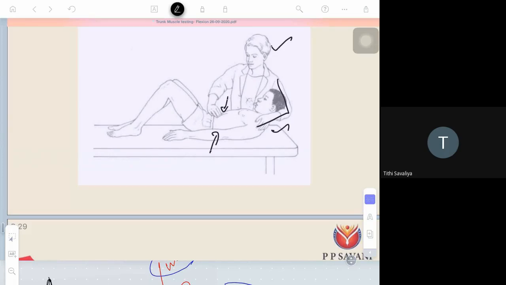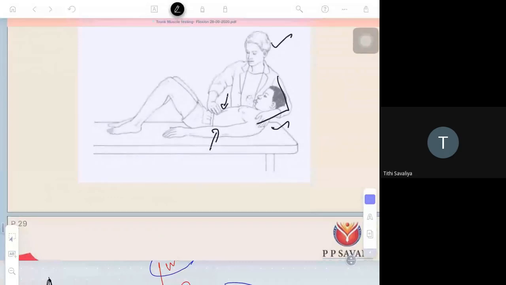If abdominal muscles are weak, then hip flexors will contract in reverse direction and the lumbar lordosis will be exaggerated. Clear? So this is the first one you should know.